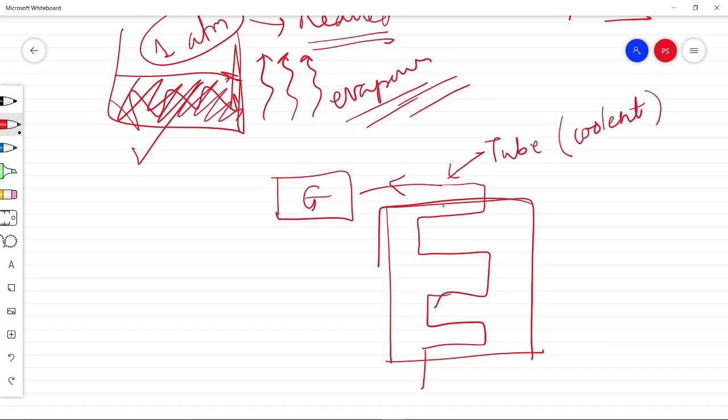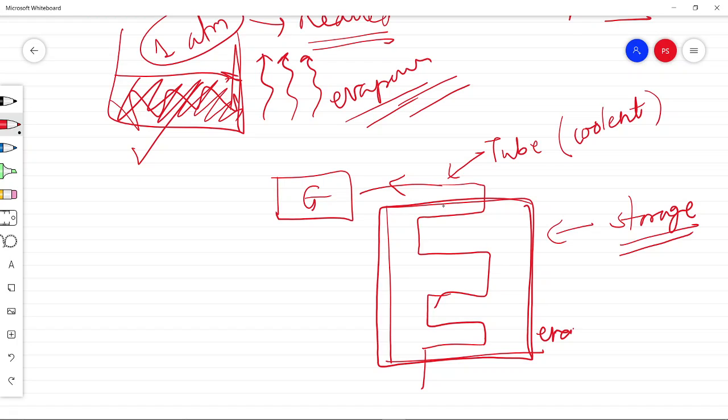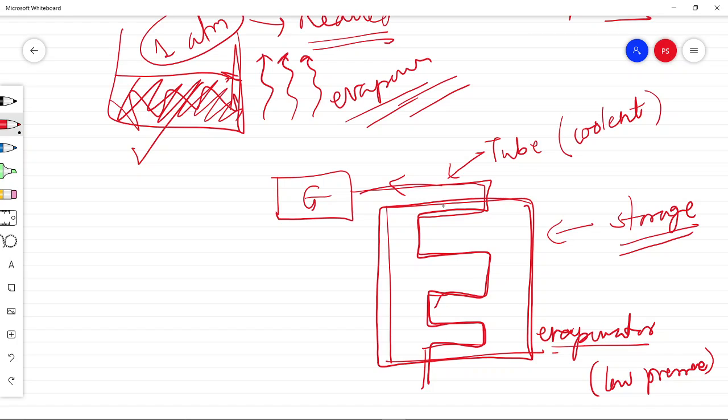Now this is the region which is to be cooled. So let us call it storage, since it is potentially to be used as a refrigerator to store something. And this region is called the evaporator. Note that since this is an evaporator, the coolant inside this tube is at low pressure, since it is in evaporator state.